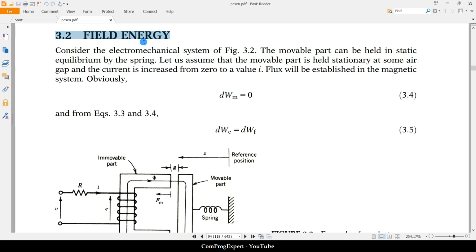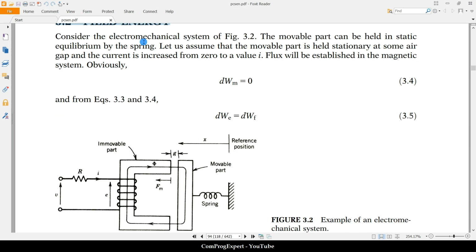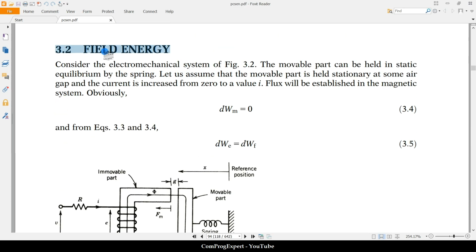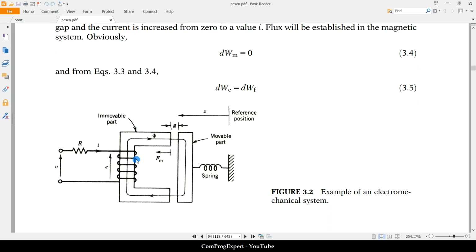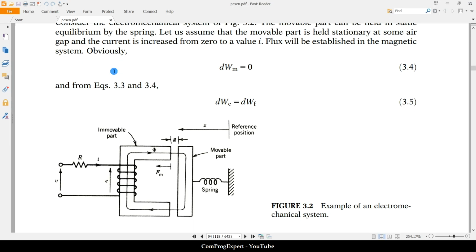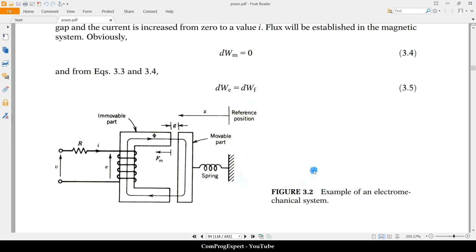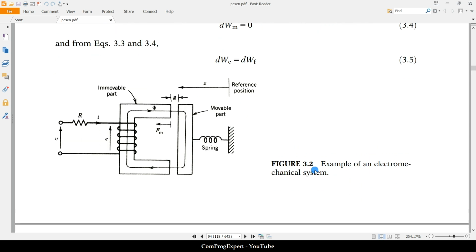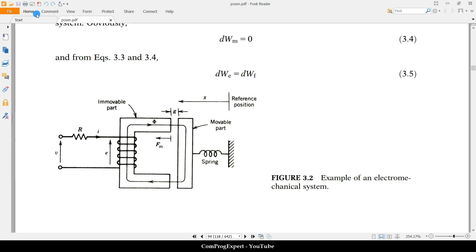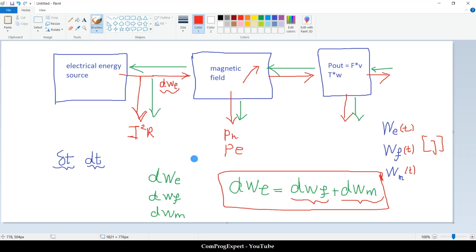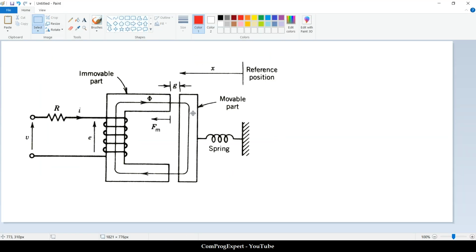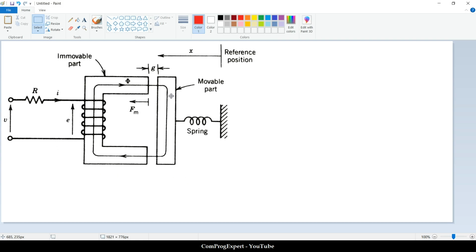But now let's have a look at the field energy stored in cases where we have nonlinear materials, not linear materials. So consider the electromechanical system here in this figure. This is an example of an electromechanical system. So let me copy this image, the system that we have here.